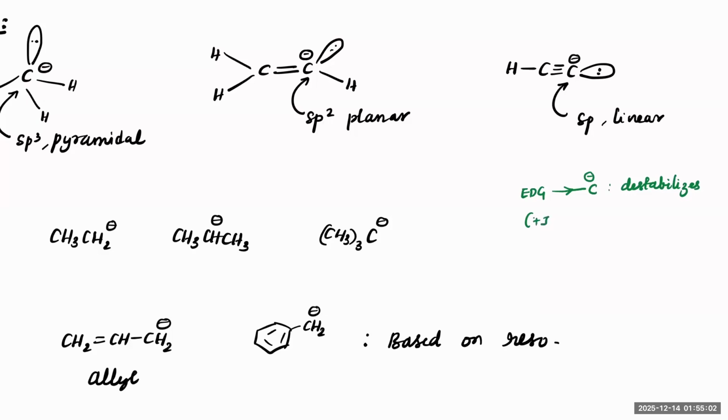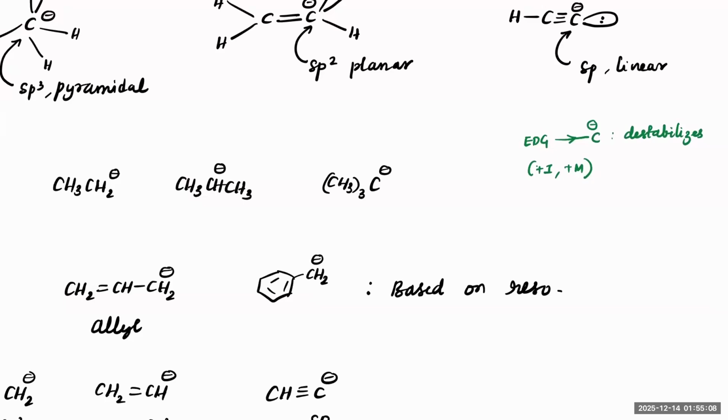Plus I effect or plus M effect, anything which is trying to give plus I or plus M will always destabilize. While if you have any electron withdrawing group on the carbanion, it will stabilize it, gaining more stability because of the negative charge it has.